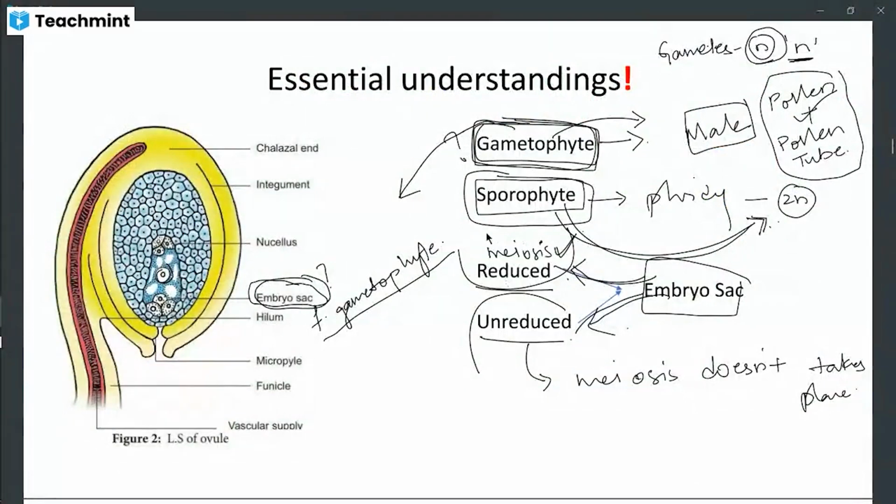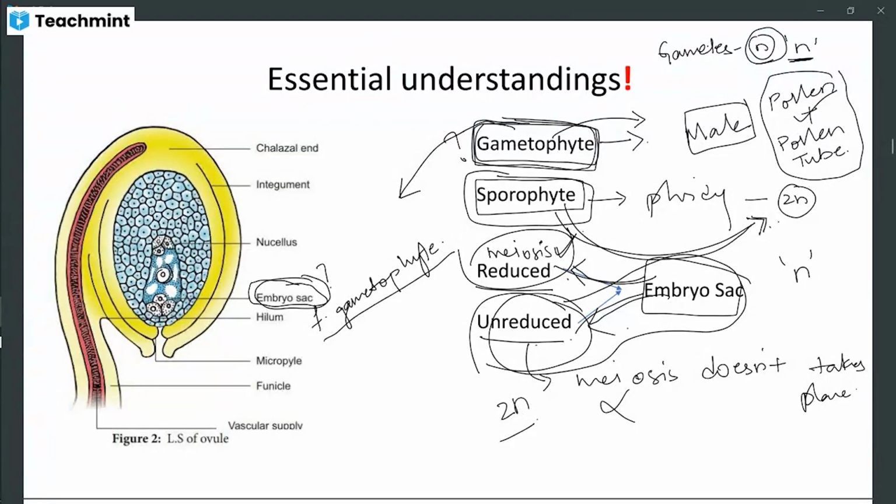You can simply answer. Okay, leave it. In case of the reduced embryo sac, the ploidy condition will be normal, that is haploid. Whereas in case of your unreduced embryo sac, the ploidy condition will be abnormal because it did not undergo any meiosis division. So the ploidy condition will be 2n.